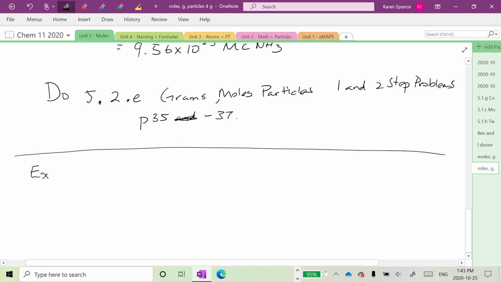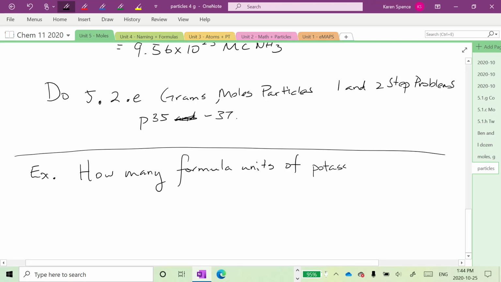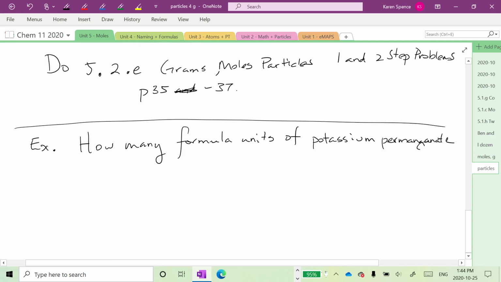Okay, let's do another example here. How many molecules, or how many formula units, are contained in 104.3 grams of potassium permanganate?